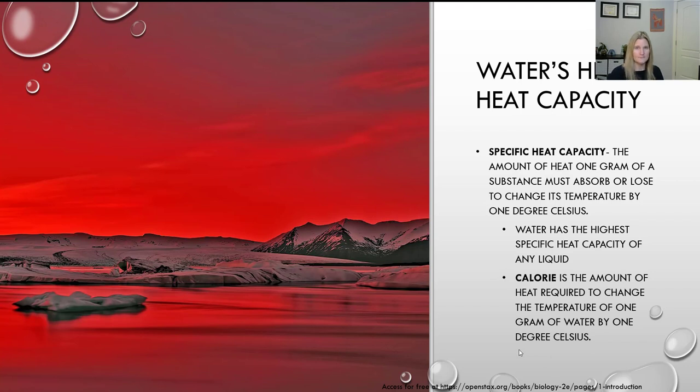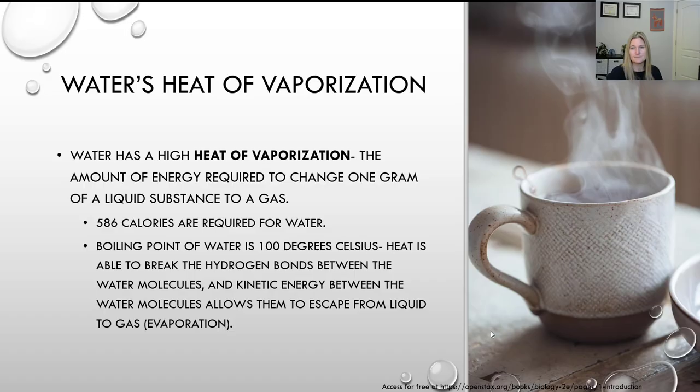So for 1 gram of water to increase from, say, 99 degrees to 100 degrees Celsius, that would require 1 calorie of heat. So a calorie is just a unit of energy. In addition to water's high specific heat, it also has a high heat of vaporization.